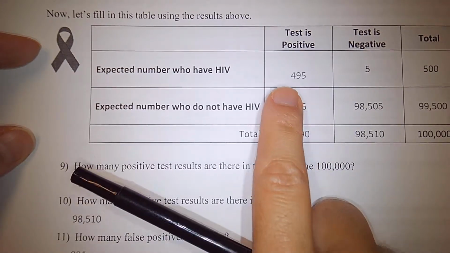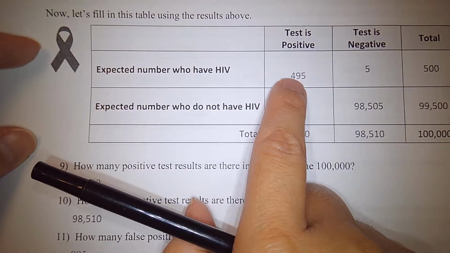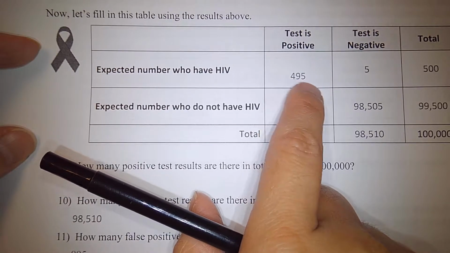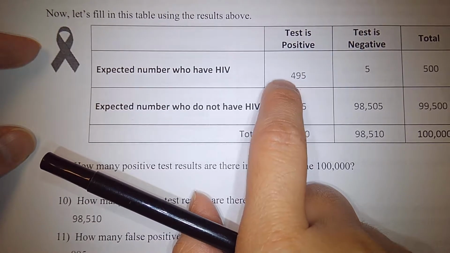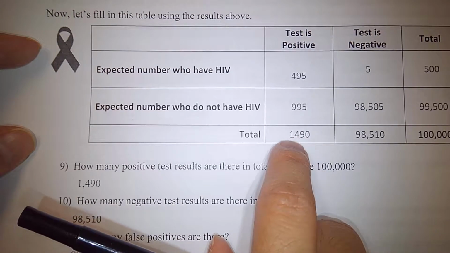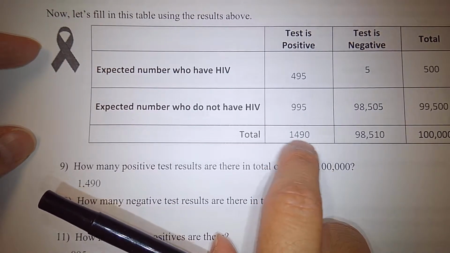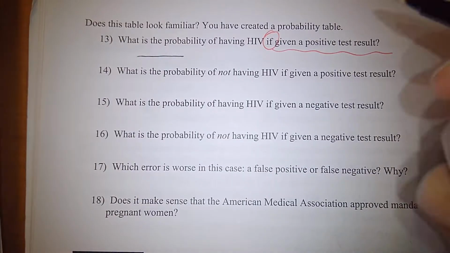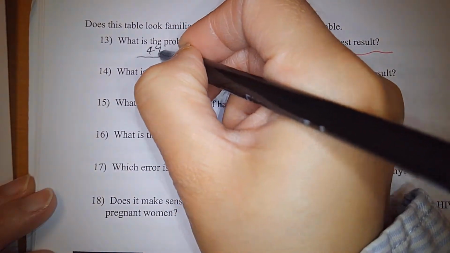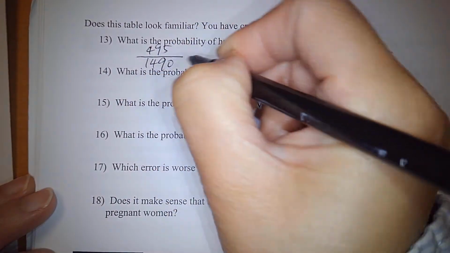What is the chance that the people have HIV? 495, right? So we use what? 495 divided by what? 1490. Guys, do you see that? Okay, so 495 over 1490.